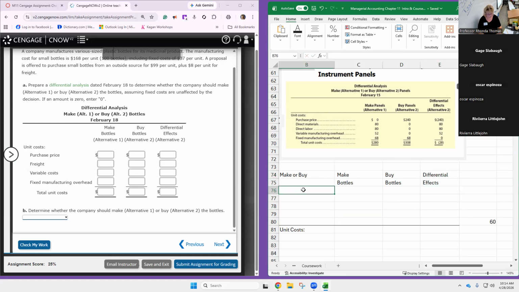So we have a purchase price. We have freight. We have variable costs. We have fixed manufacturing overhead. And we have total unit costs. Okay, so I'm going to put a line here.